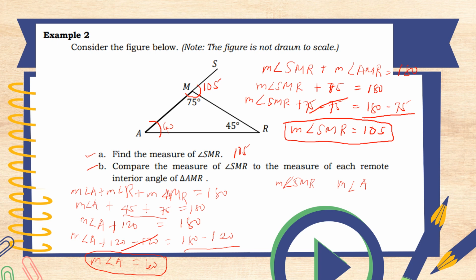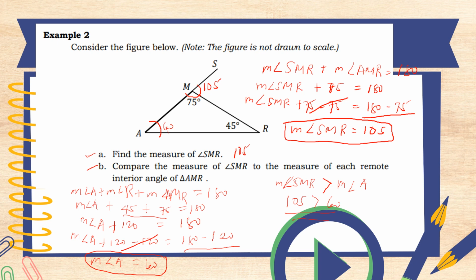So 105 is greater than 60. Therefore, the measure of angle SMR is greater than the measure of angle A.